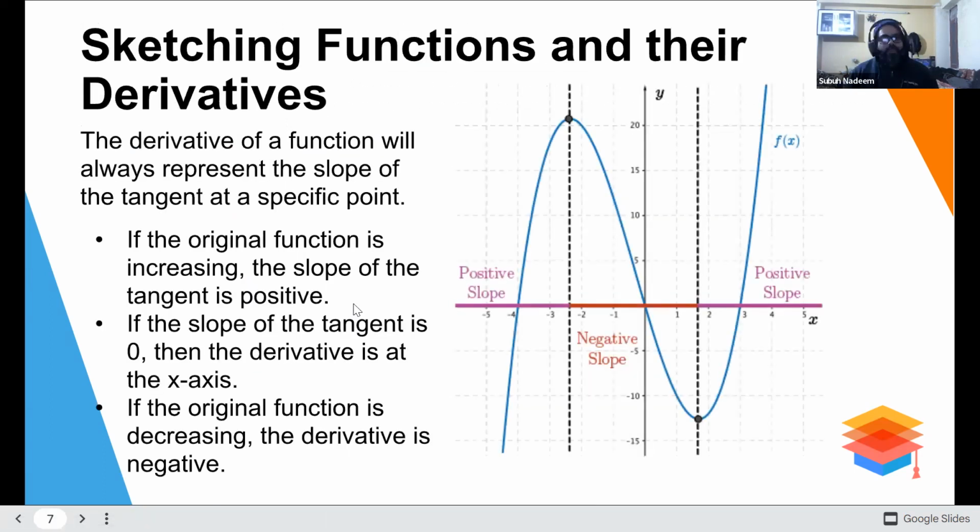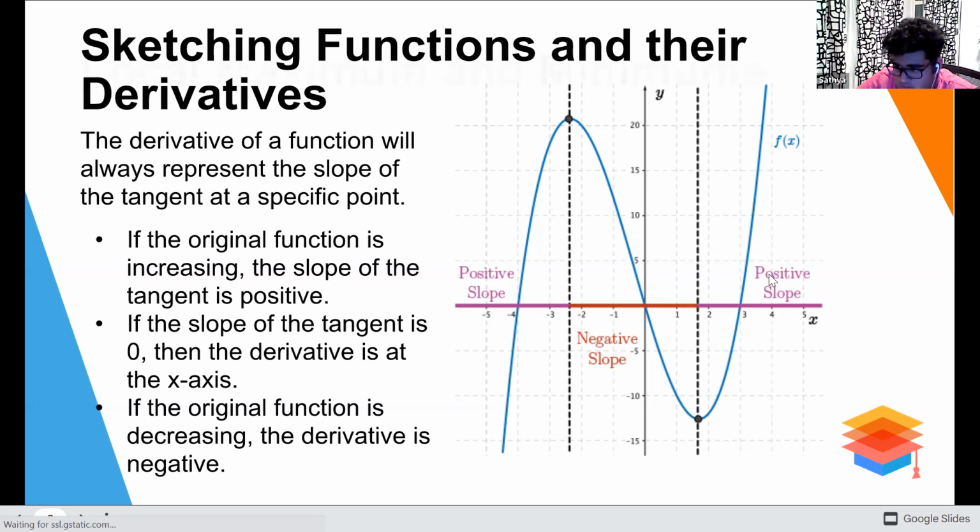Second derivative. So how do we find the second derivative? We have to take the derivative twice. Can you read this? The derivative of a function will always represent the slope of the tangent at a specific point. Is it clear? If the original function is increasing, the slope of the tangent is positive. If the slope of the tangent is 0, the tangent is parallel to the x-axis, horizontal.